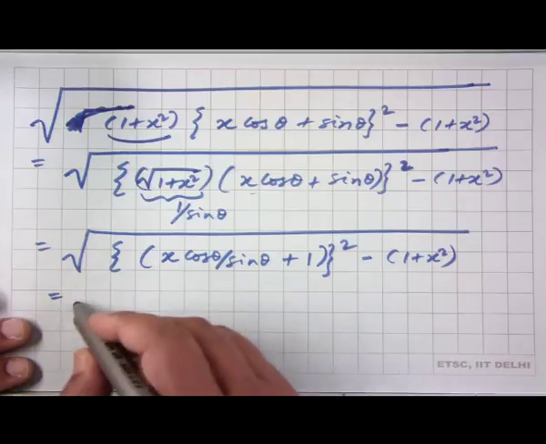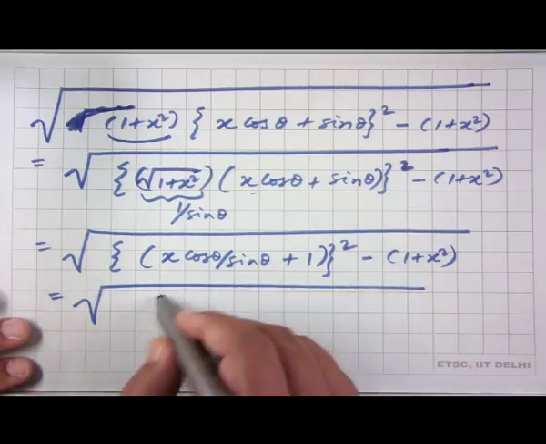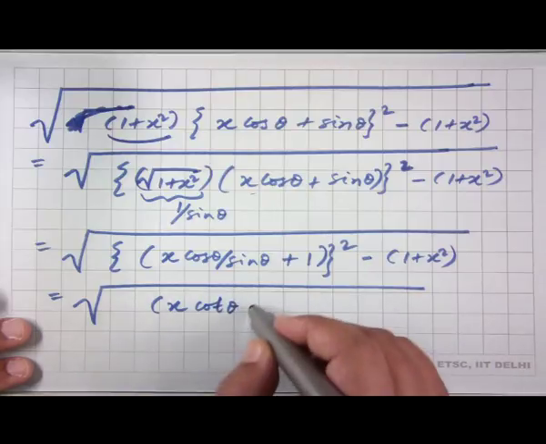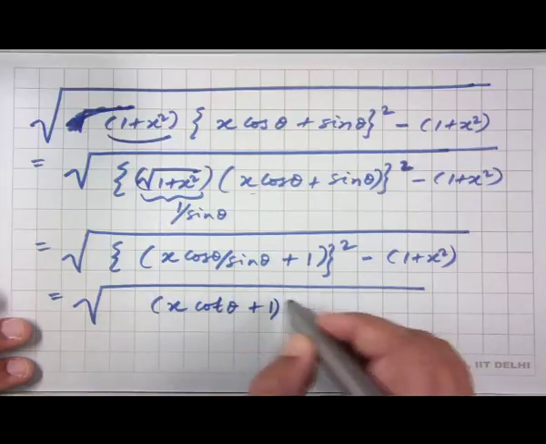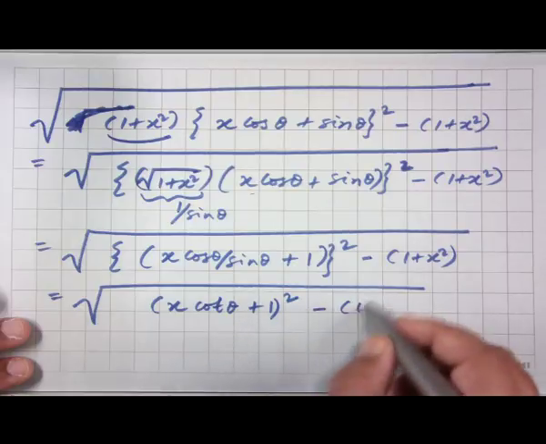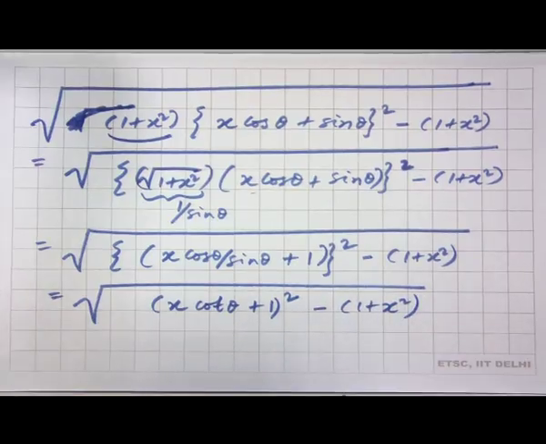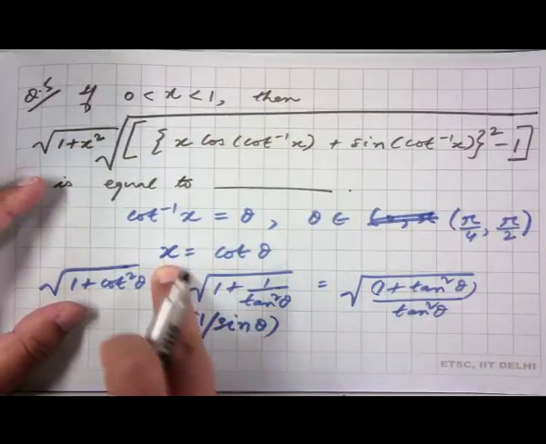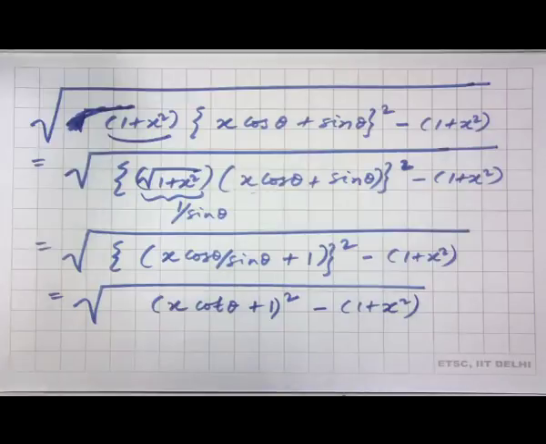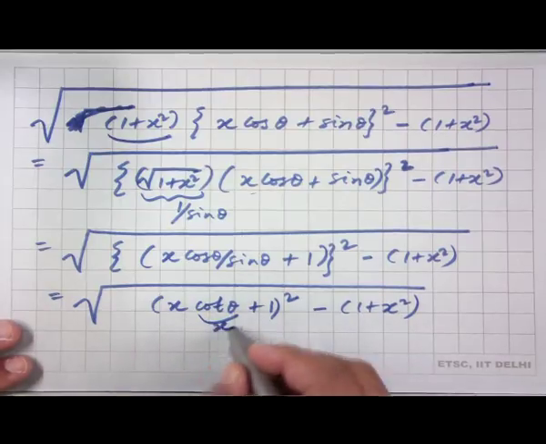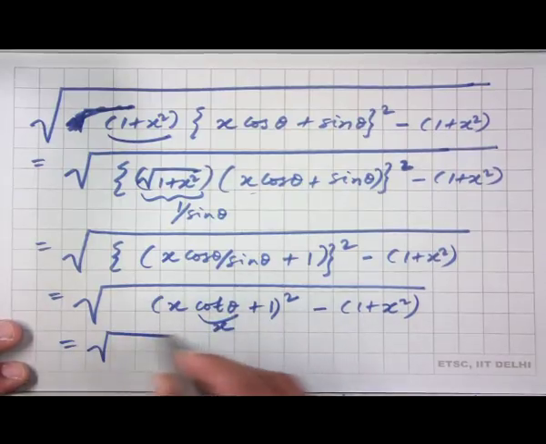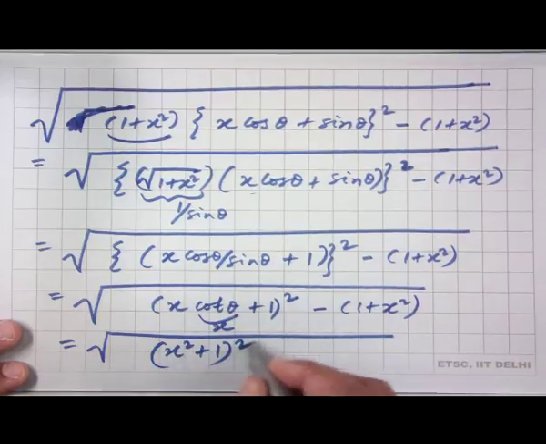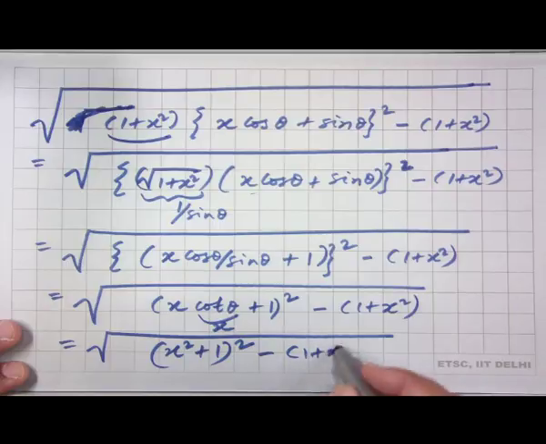So, eventually we have root of x into cot theta plus 1 the whole square minus 1 plus x square. But we know that cot theta is in fact equal to x. So, we replace this by x, and then we finally get square root of x square plus 1 the whole square minus 1 plus x square.